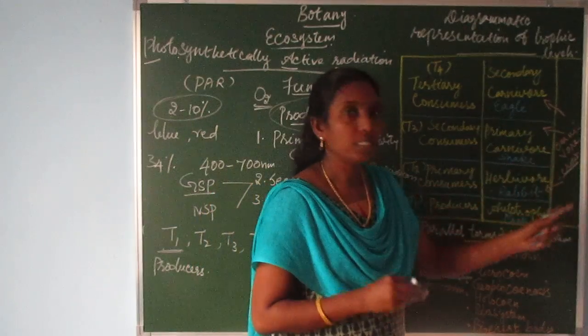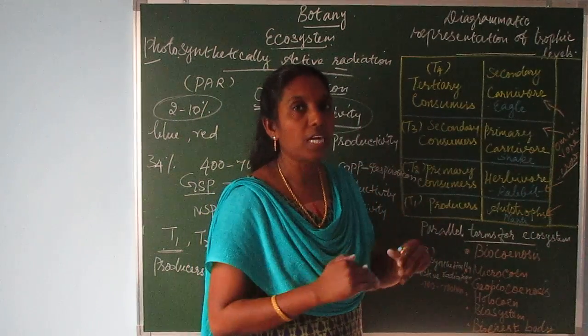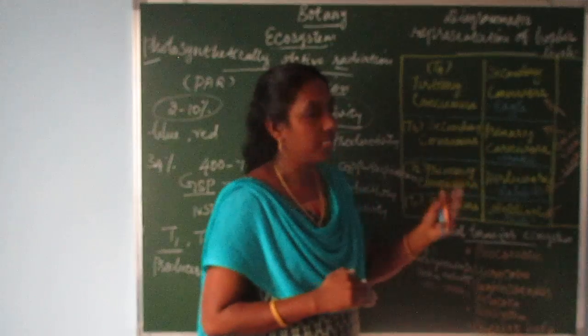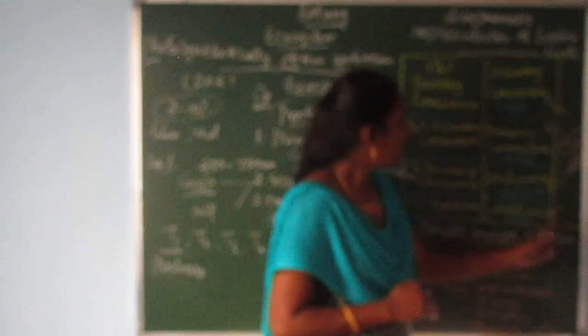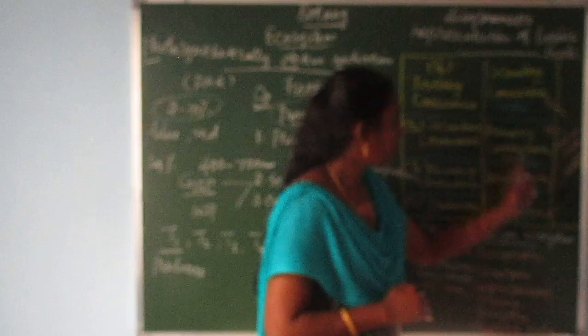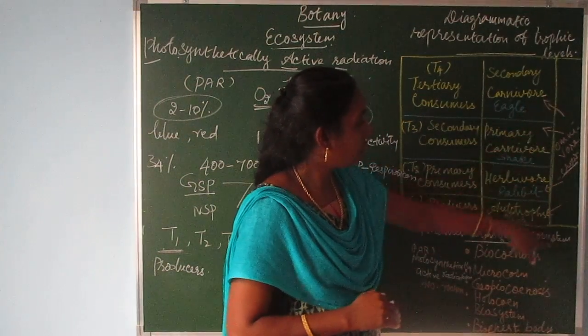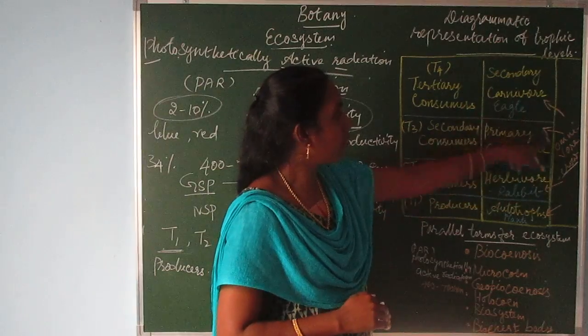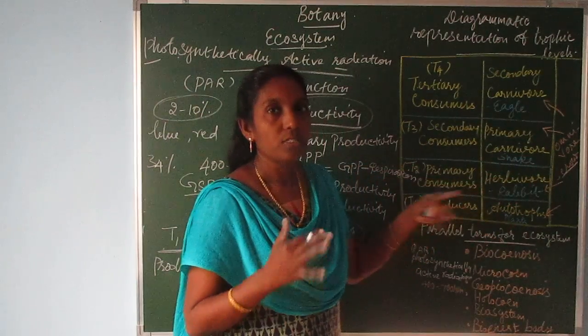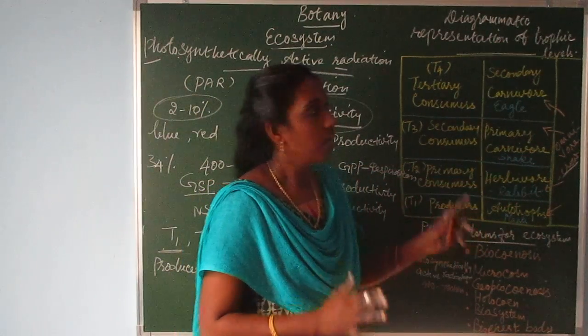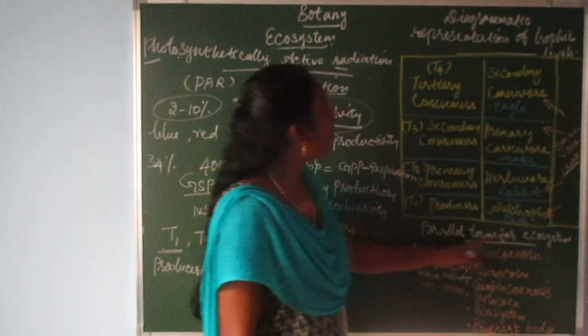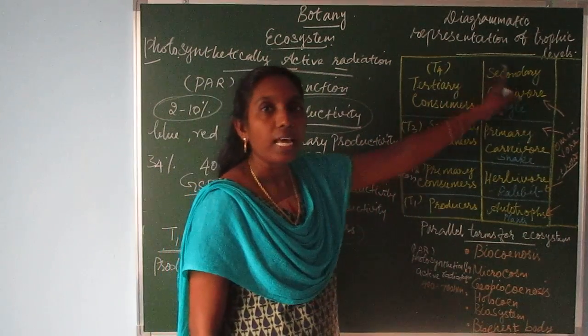But omnivores eat both plants as well as animals. So this crow eats plants as well as rabbit or snake, it eats everything. So it is called an omnivore. So this is the example of trophic levels.